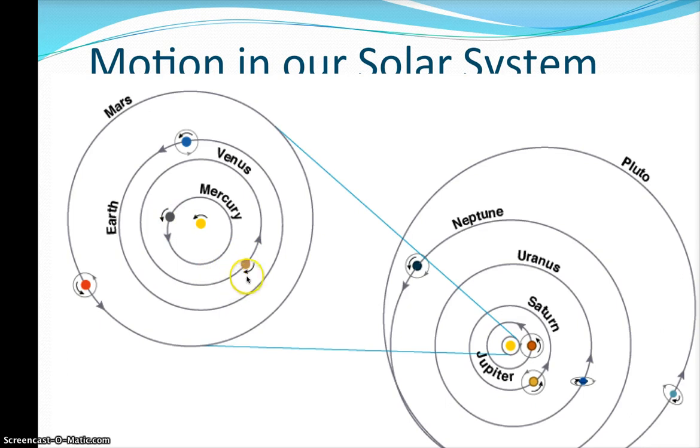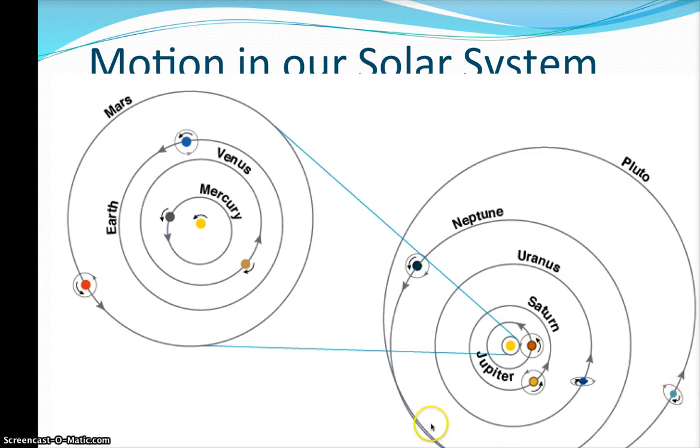Two exceptions are, well, we have actually three exceptions. Venus is going clockwise, although it's rotating very, very slowly. Uranus is going clockwise. Uranus is actually almost lying on its side, and it's just barely going counterclockwise viewed from the top, and Pluto as well.